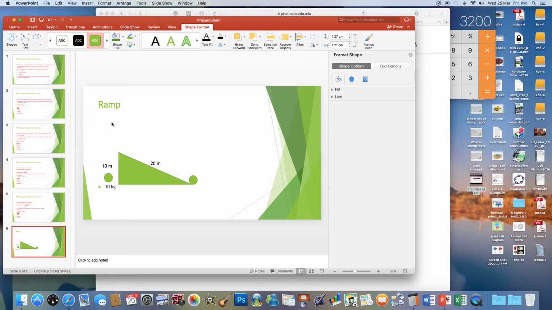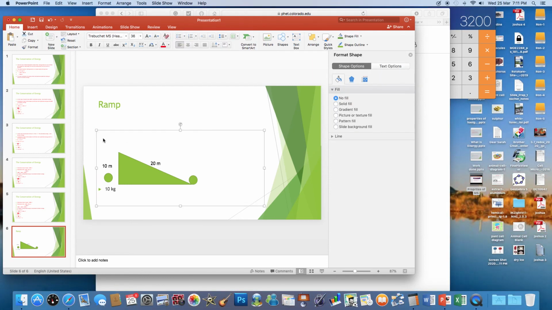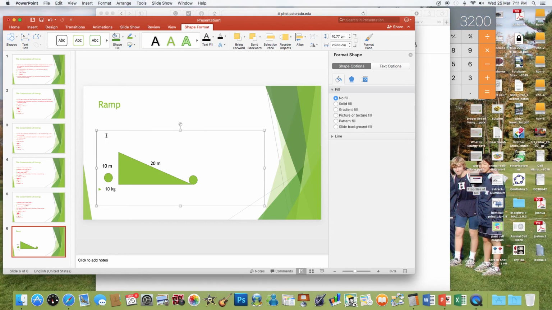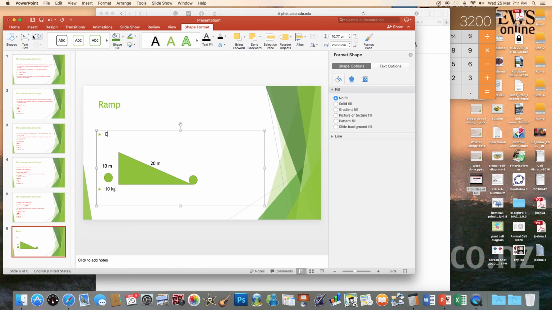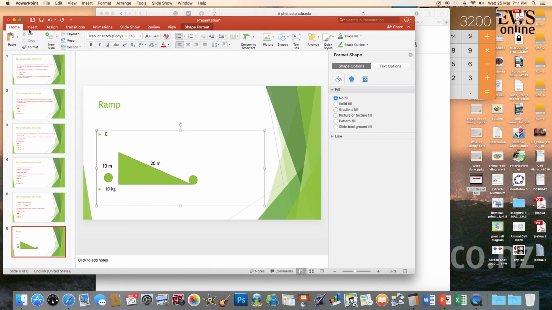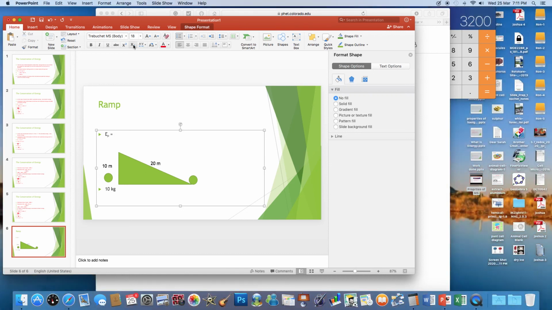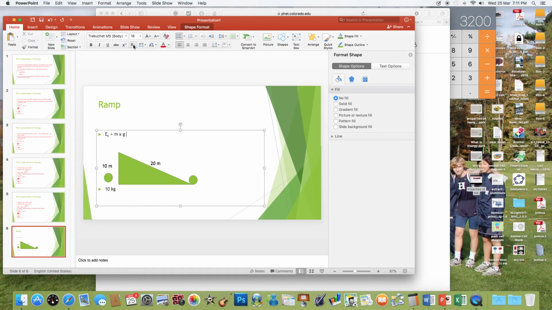So in fact, the amount of potential energy that this ball gains, E P, is equal to the mass of the ball times the gravitational acceleration times the height it's going to get lifted.